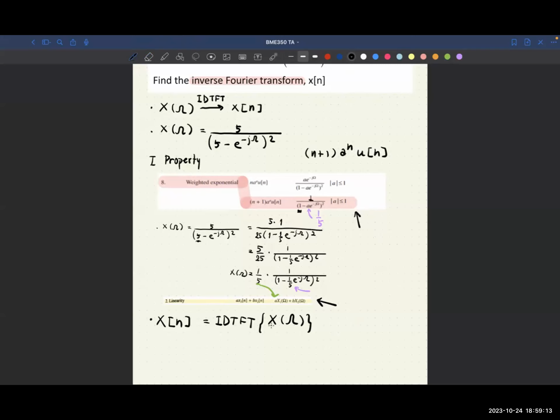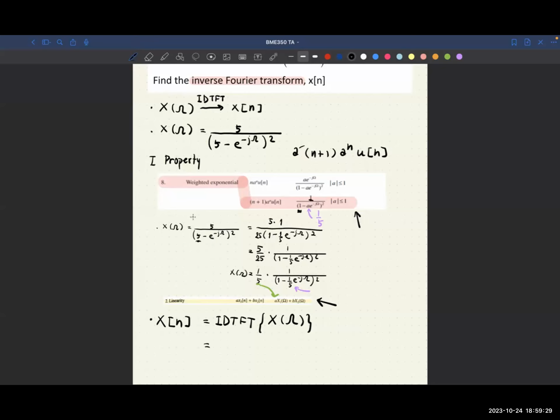But because we have linearity, we have another a here. Be mindful that these a might not be the same, but essentially they're the same in this problem.